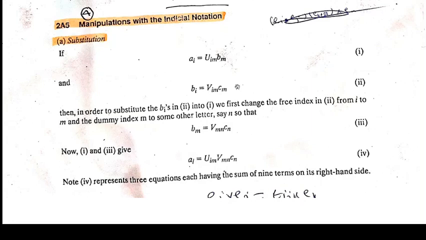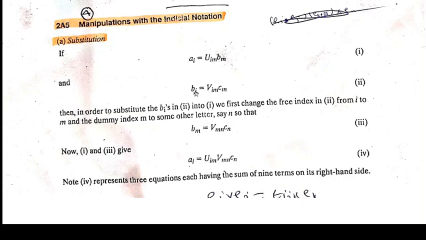So first you need to make the index of b in the second equation similar to the first equation, as b is given in the first equation. In the first equation, the index subscript of b is m, but in the second equation we have i, so we have to change this i to m.